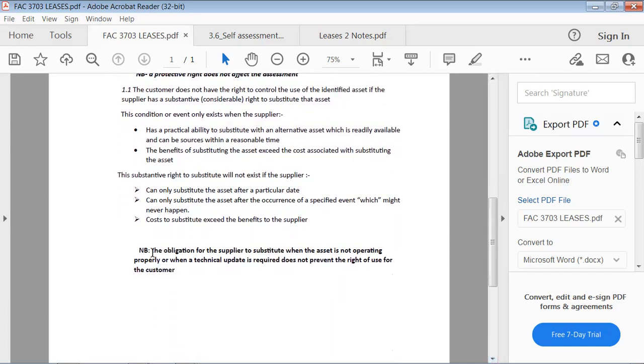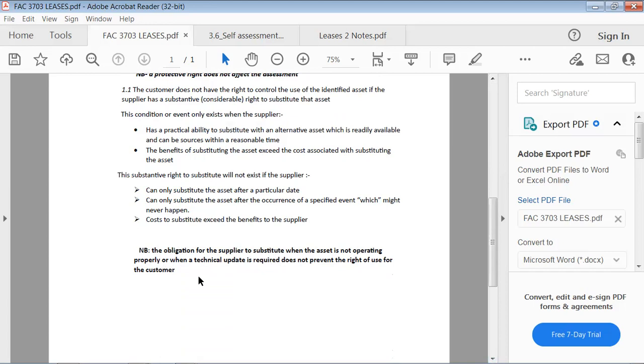And then I said here, okay, the obligation for the supplier to substitute when the asset is not operating properly or when a technical update is required does not prevent the right of use for the customer. All right.